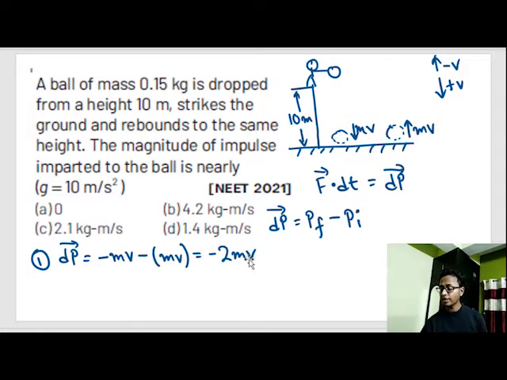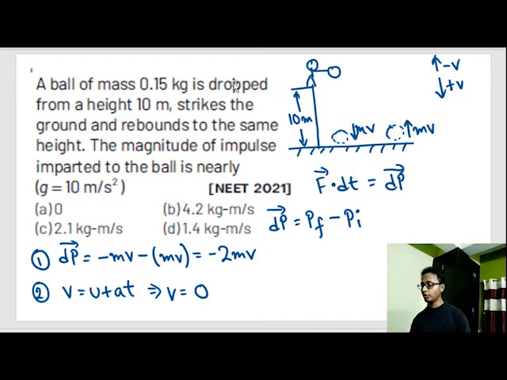Now we need to find out the velocity. The mass is given but the velocity is not given. So from kinematics we know that whenever acceleration is constant, that means acceleration out here is only g, we have to apply the formula v is equal to u plus at, where v is the final velocity, u is the initial velocity. So the final velocity you have to find out. Initial velocity is equal to 0. Why?